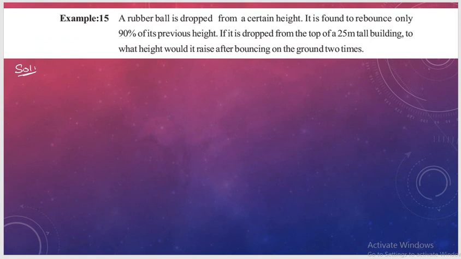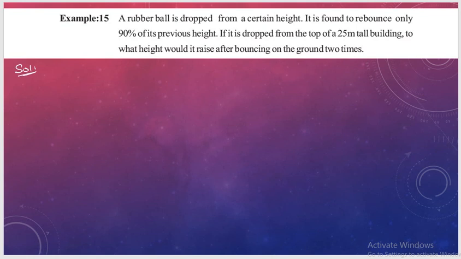Here if you observe, the height of that rubber ball is dropping. It is rebounding to 90%, that means it is dropping by 10%, right? It is dropping by 10% every time. Whenever you have a percentage, it is nothing but a rate.